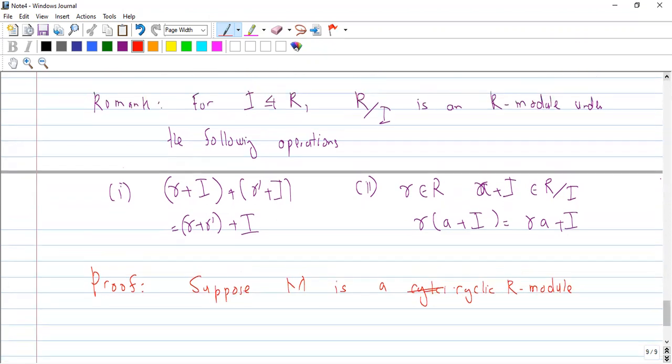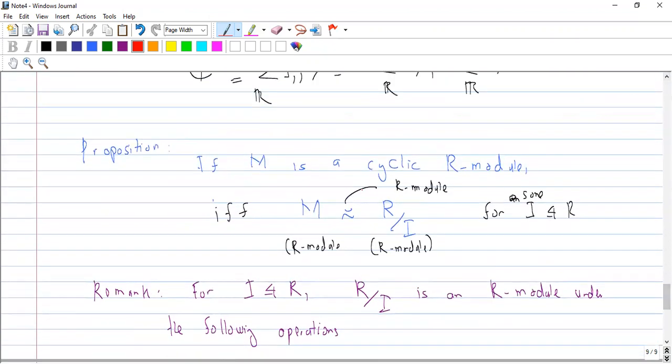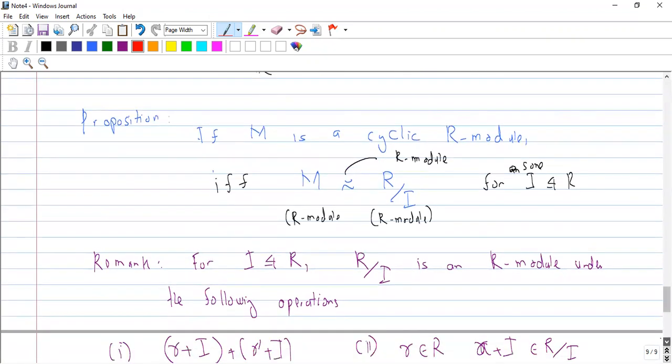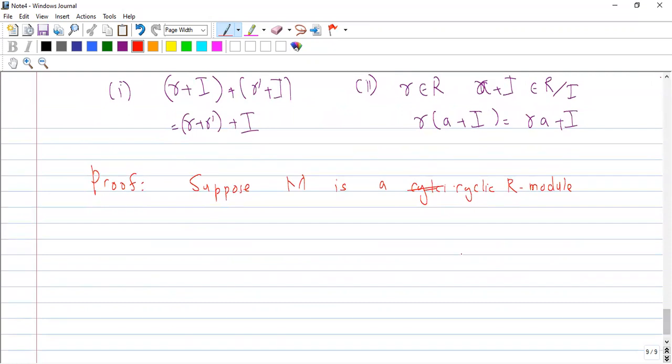What we need to show is that if M is a cyclic R module, then M is R module isomorphic to R over I. That is, we can generate M with an element x, where x is an element of M.